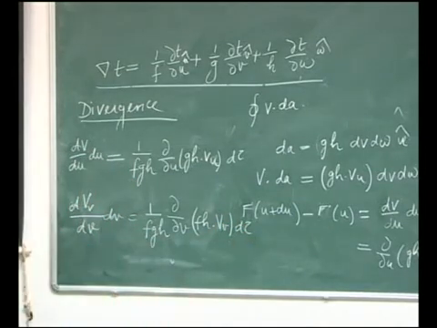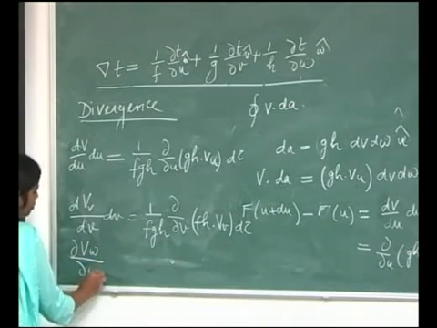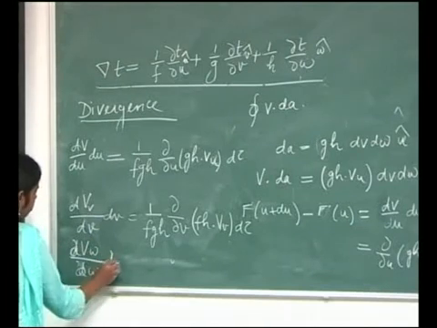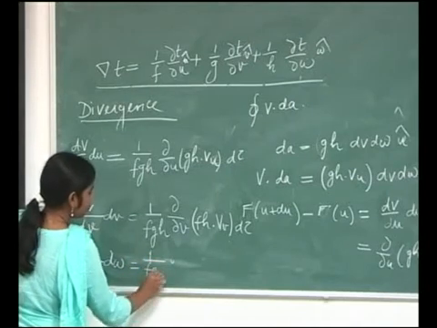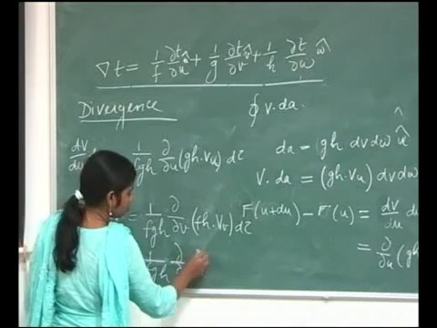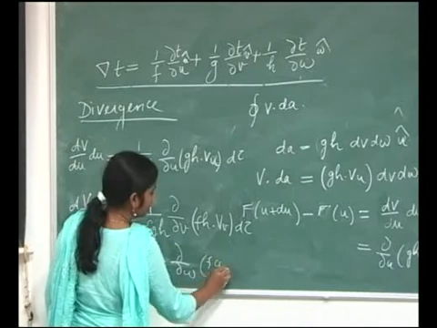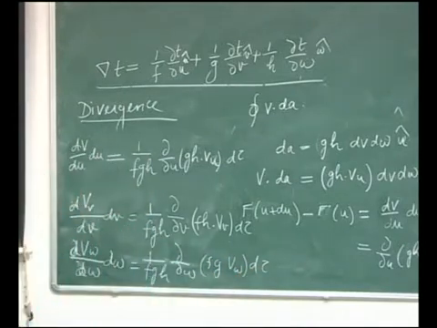This is how it will be. And del Vw by del w is equal to 1 by Fgh del by del w of F G Vw d tau.